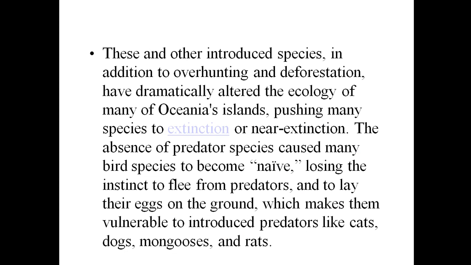So what has happened is the introduced species and overhunting, deforestation have dramatically changed the ecology of many of the Oceania islands. So many species are on the verge of extinction or near extinction.